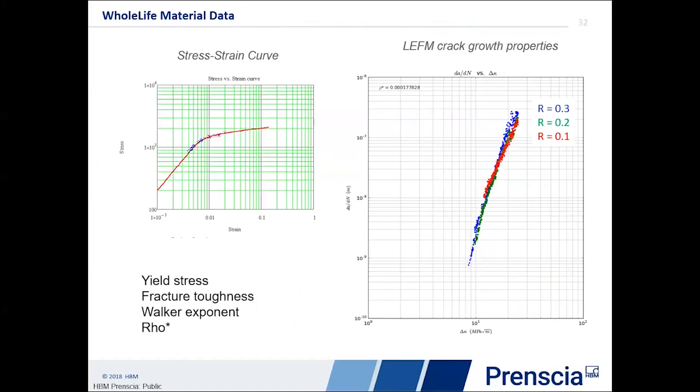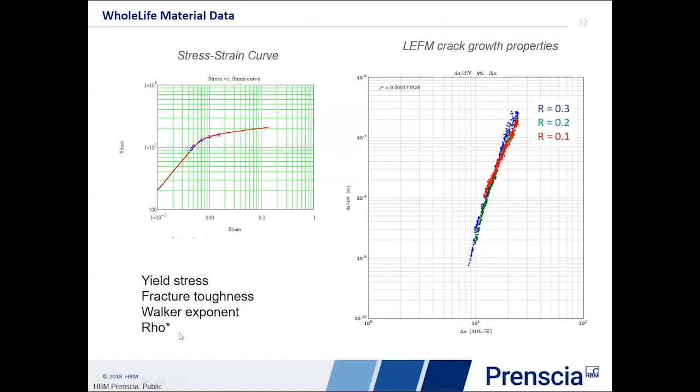We do need the Walker exponent. That Walker exponent was the exponent that was used on the Kmax and the K range. We actually have an approximation for that using just n prime from Ramberg-Osgood, so that's taken care of. The last parameter that we need is Rhostar.